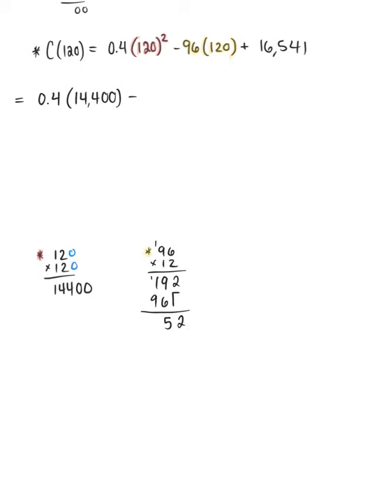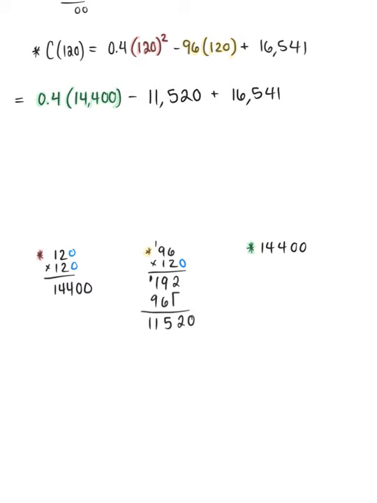So 1 plus 9 is 10, plus this extra 1 is 11. Now don't forget to add that ghost zero to the end of our product. So this is going to be minus 11,520 plus 16,541.